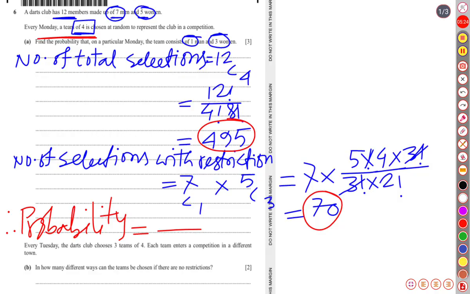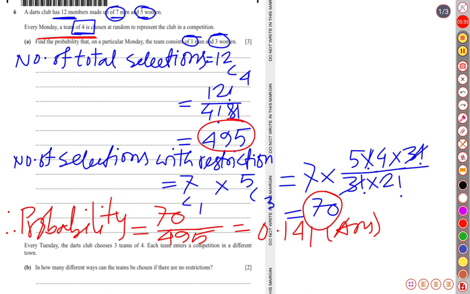So it is 70 over 495. So finally our probability, if we use our calculator, is 0.1414. If we round it to 3 significant figures, it is 0.141. So that is the answer to the first part.